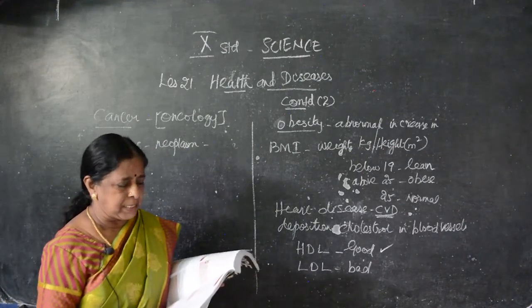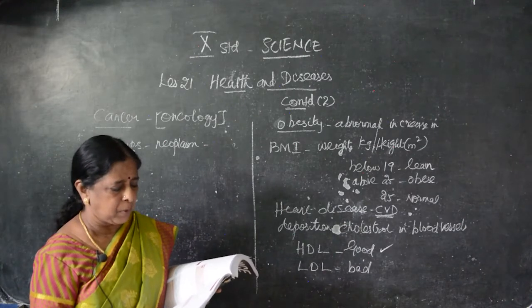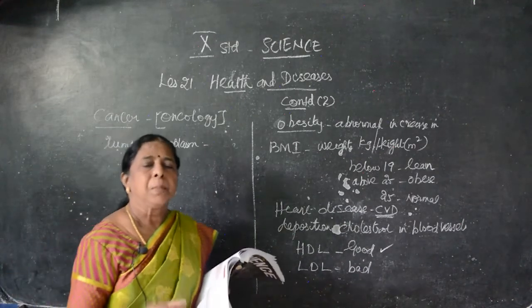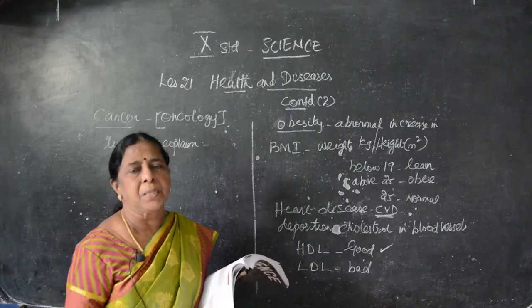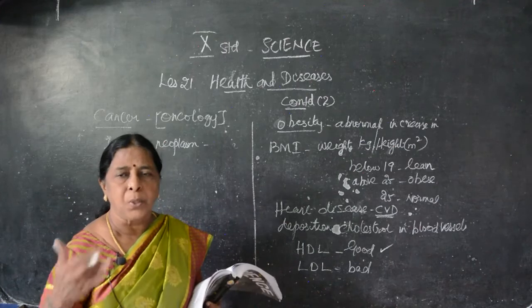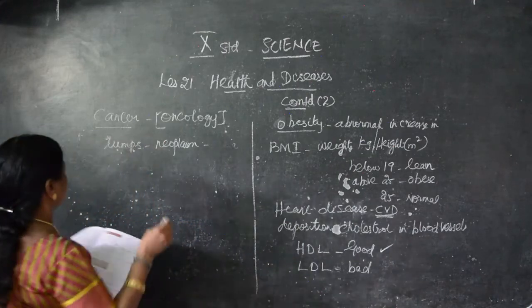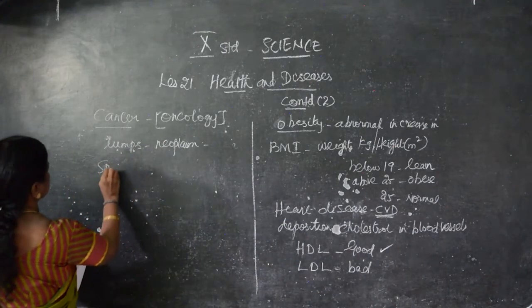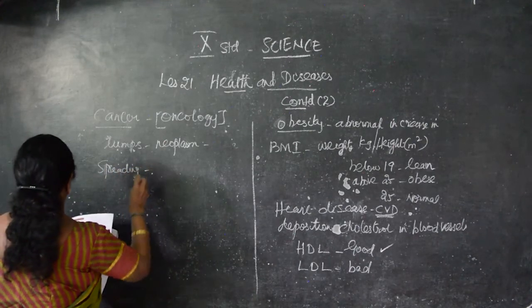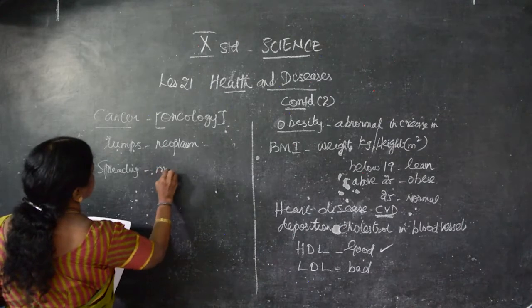The cancerous cells migrate to distant parts of the body and affect new tissues. Suppose you find cancer in one part; before we find out and get treatment, it may spread to other parts also. This spreading process is known as metastasis.